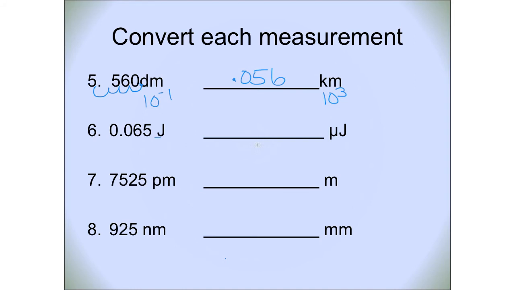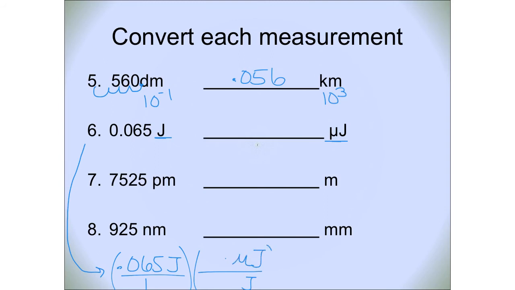All right, so we have joules, and then we are going to microjoules. So if we want to do dimensional analysis, we have 0.65 joules over 1. Joules is going to have to cancel.